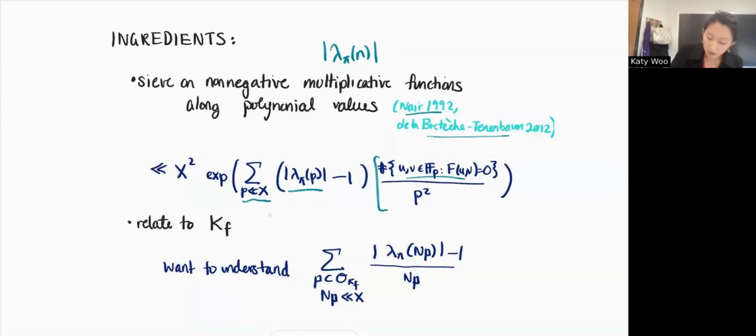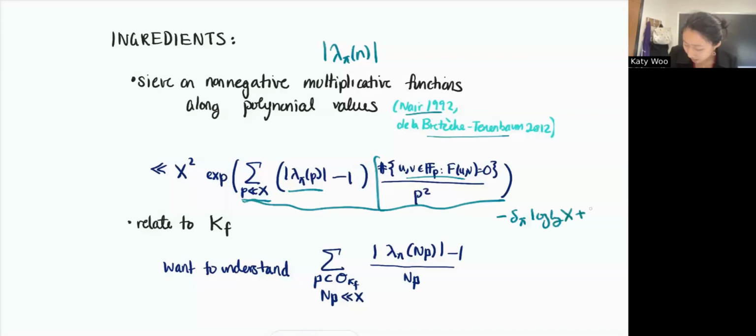And so what we want to do is show that this expression here is negative delta pi of log x plus O of 1. And so you can relate this count of the number of solutions mod p to this polynomial f of u to the splitting field, and you can show that it suffices to understand the number of prime ideals in the splitting field of norm at most p of the size of lambda pi of the norm of p minus 1 over the norm.